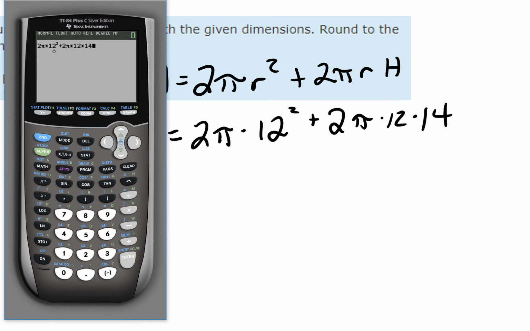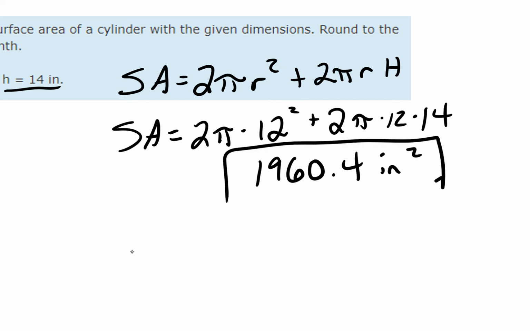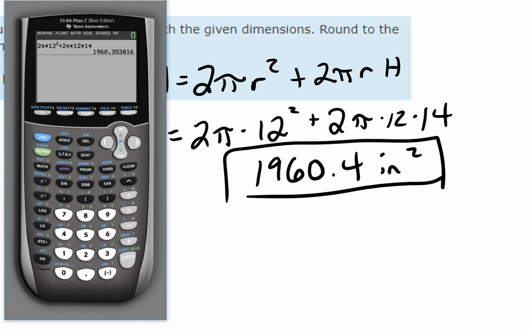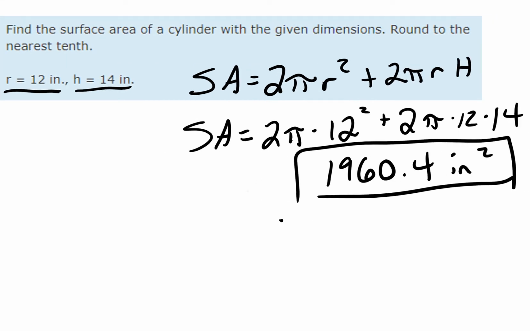Double check: 2 pi r squared, 2 pi r times the height. Calculate that out, you get 1960.4, and I already rounded that off. If you look back at the calculator, the 5 bumped the 3 up to a 4. And we're good to go on that one.